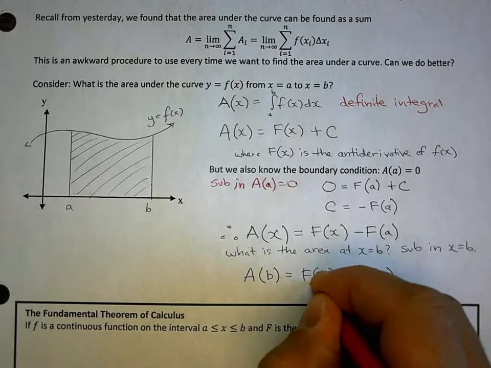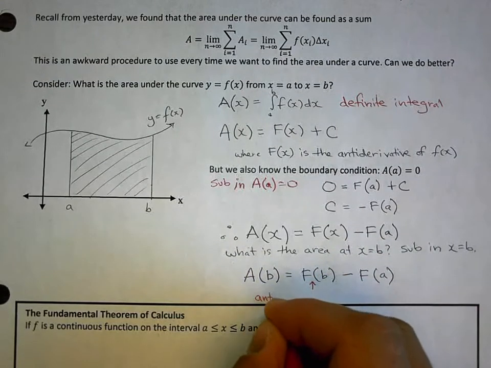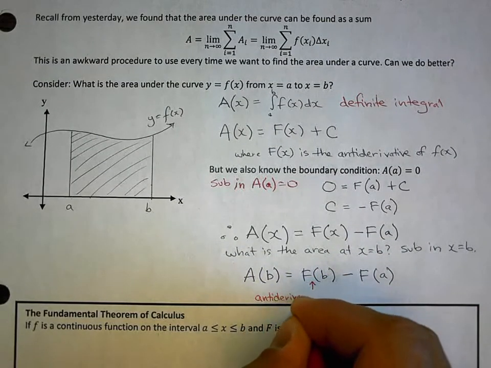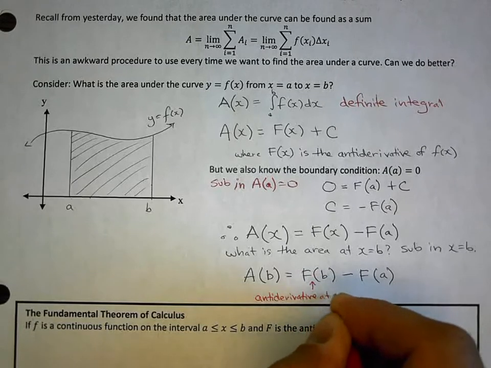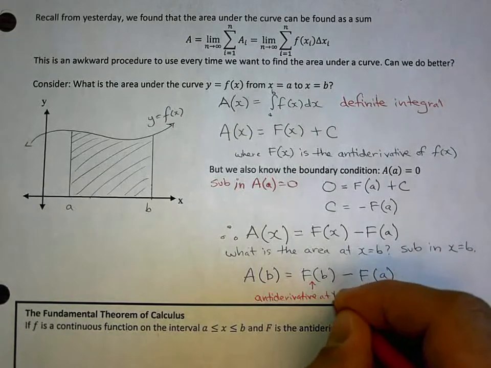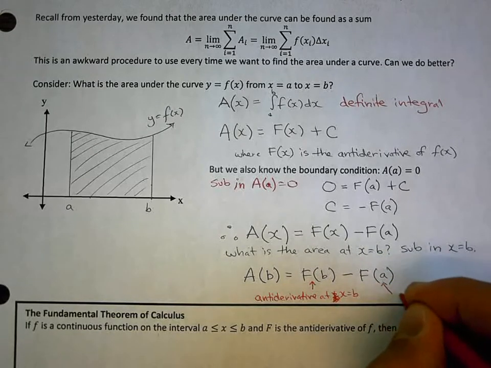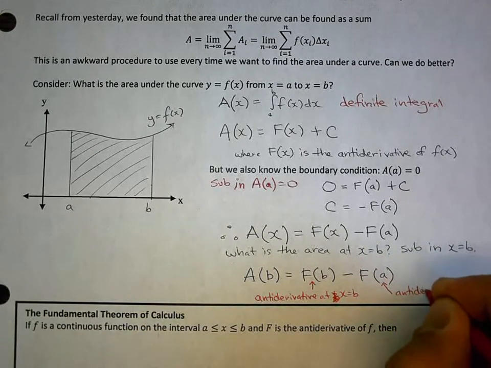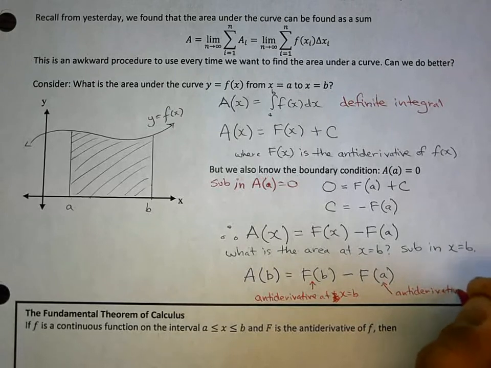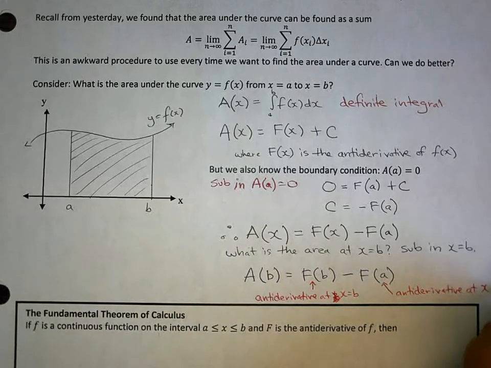Remember, big F is the antiderivative. So this is the antiderivative at x equals b, and this is the antiderivative at x equals a.